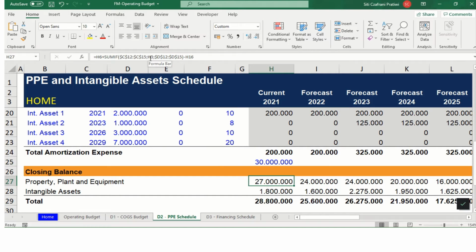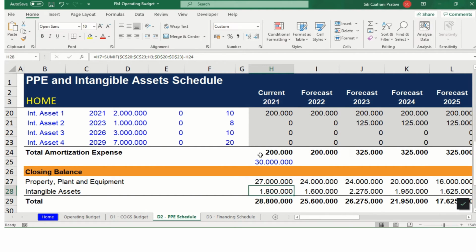So if there is no asset acquisition, we do not add the opening balance with the asset acquisition. However, if there is any asset acquisition in that specific forecasted year, we will add the opening balance first with any asset acquisition during the forecasted or the current year less depreciation expense.